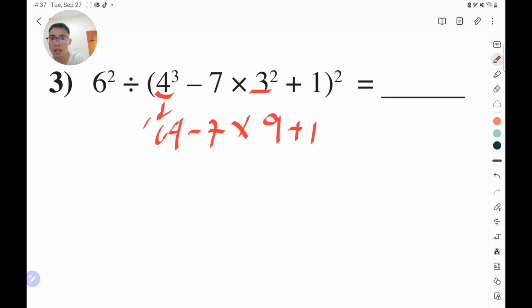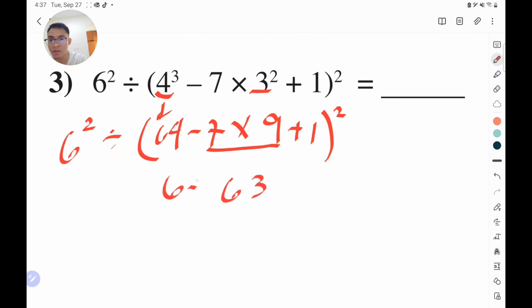plus 1, and then that is squared. 6 squared divided. Alright, next, inside the bracket again, we need to do the multiplication first, which is equal to 63. Then 64 minus 63 plus 1 squared. Then let's copy this one, 6 squared divided by this.